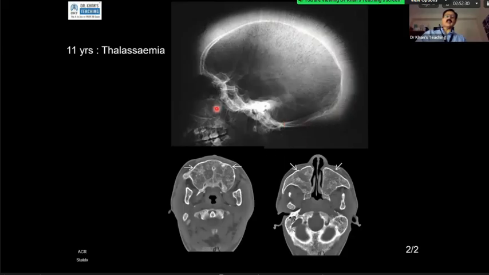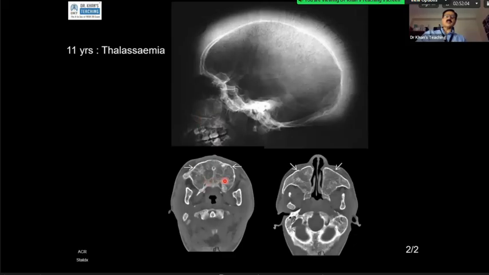Then look at the paranasal sinuses. This is an 11-year-old, and the paranasal sinus is obliterated. If you describe it in your exam, the examiner is going to give you marks on the basis of your description and the findings. So you have to tell the examiner that there is complete obliteration of the maxillary sinuses.